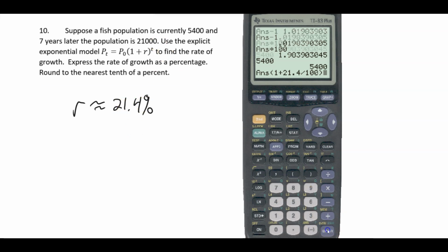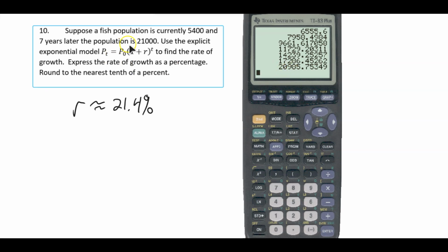So this is 1 year later, 2 years later, 3 years later, 4, 5, 6, and 7 years later. We're just about at 21,000. The reason why we're not at 21,000 is we've rounded the growth rate. But this is so close to 21,000 that I feel confident that this is the correct rate.